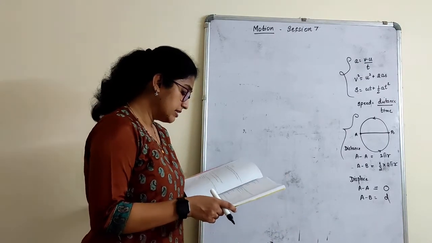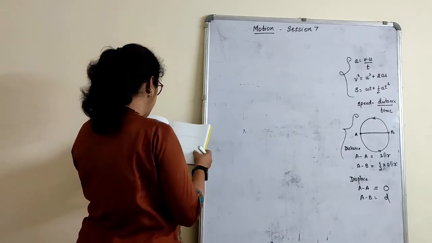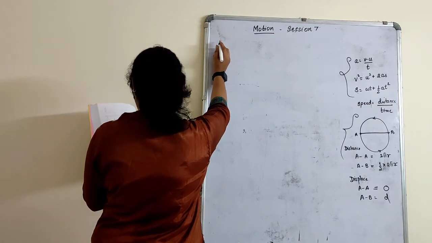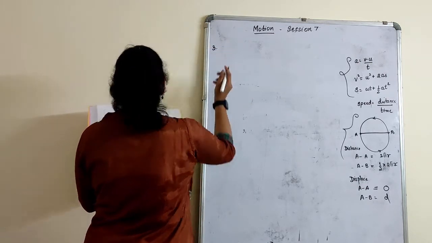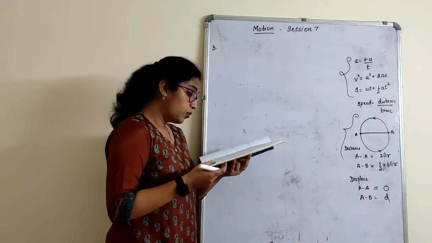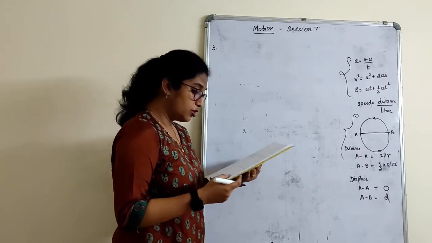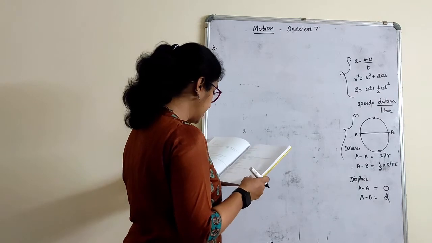So yesterday's sum, page number 110, second one we have solved. So we'll solve the next one now. That is the third one. A trolley, while going down an inclined plane, has an acceleration of 2 centimeters per second square.